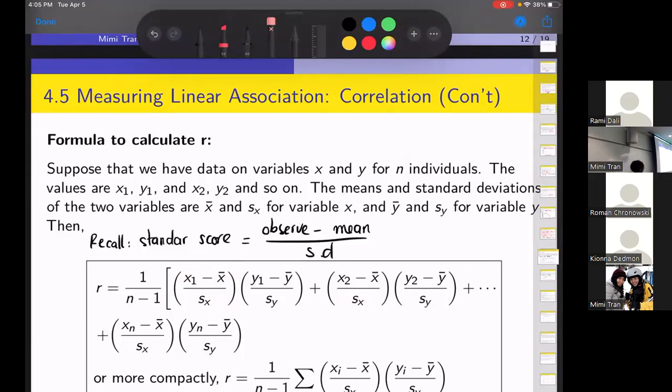Plus the second: x1 minus x bar divided by standard deviation times y1 minus y bar divided by standard deviation, and then plus the next data point, x2 minus x bar divided by sx and y2 minus y bar divided by sy, all the way to xn and yn.